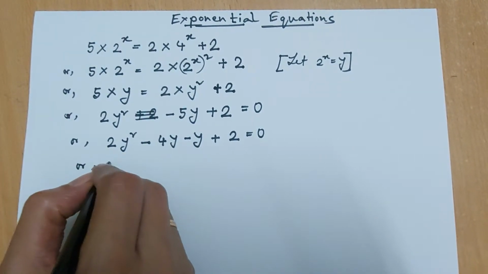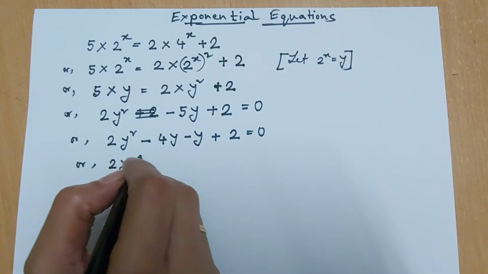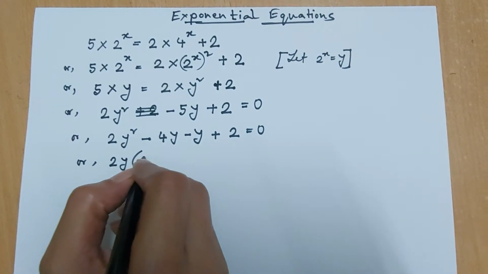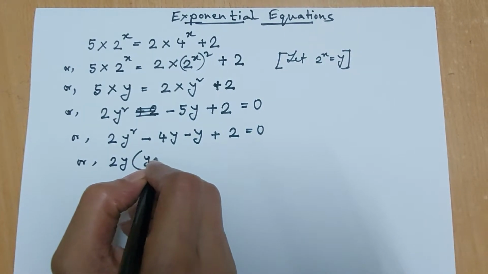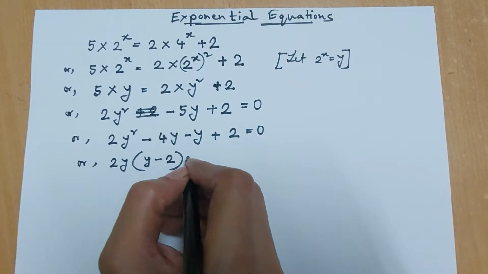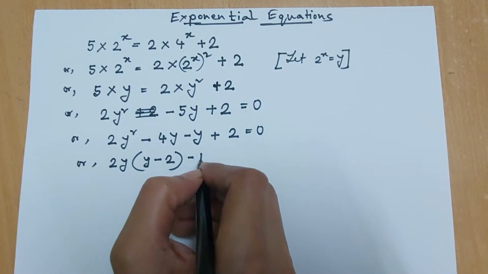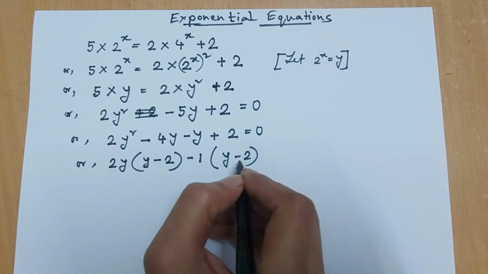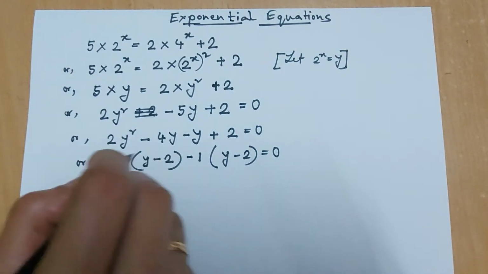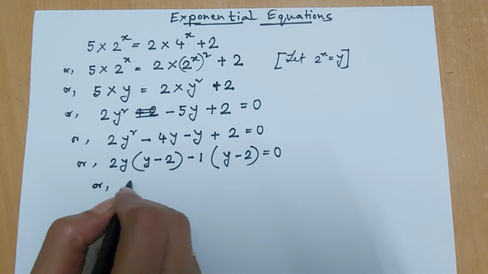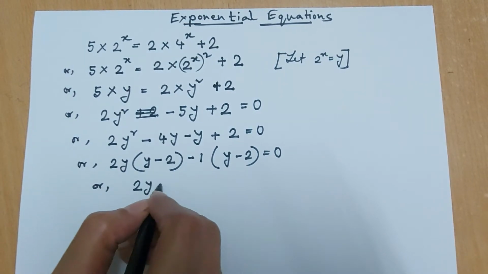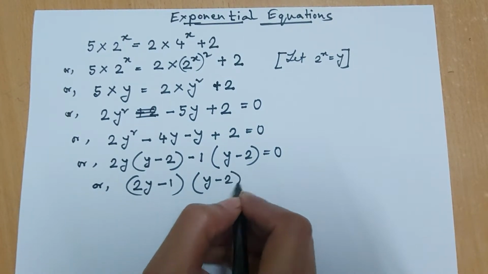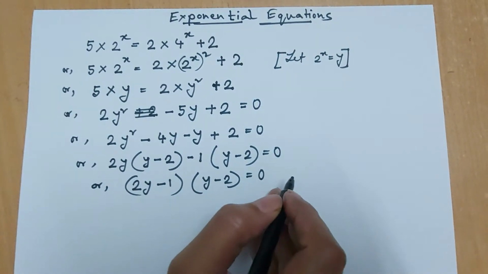Then 2y will be outside of the bracket, and inside the bracket will be y minus 2, and then 1 will be outside of the bracket and inside the bracket will be the same y minus 2 equal to 0. Then it is 2y minus 1 into y minus 2 equal to 0.